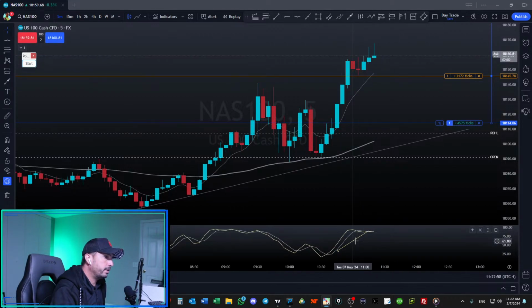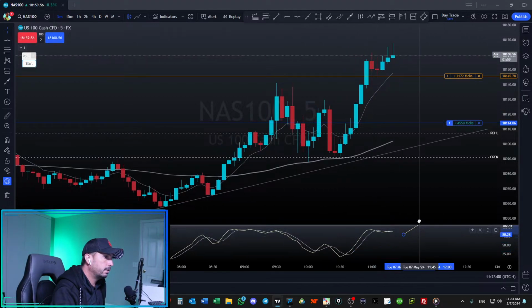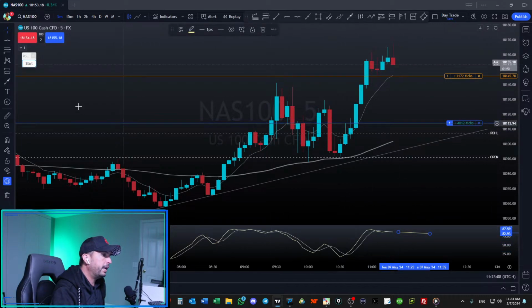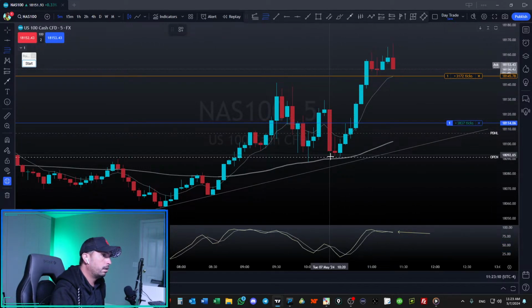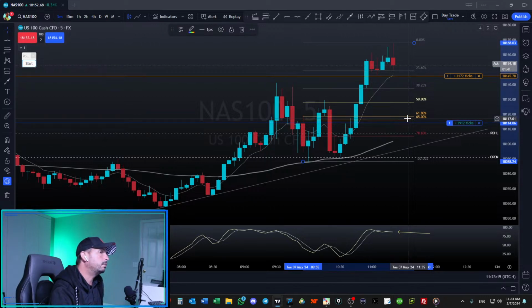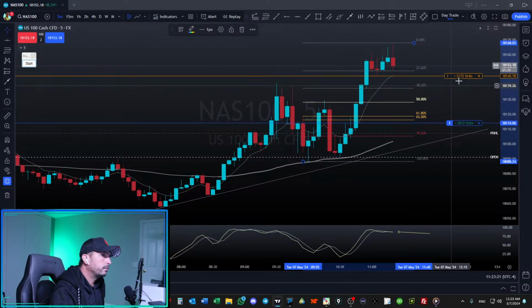But it's already kind of giving a sign that it's due for a pullback, and the pullback could be bigger. Pullback could be all the way to our entry. Let's do this.